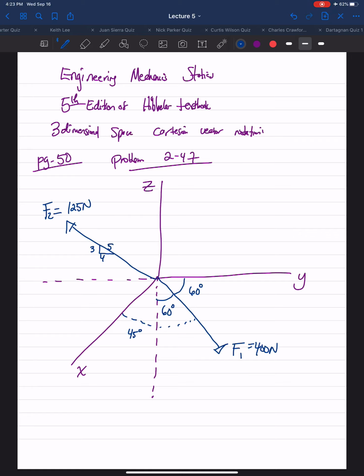F1 is in three-dimensional space. The angle that F2 makes with the XY plane and that between the x-axis is 20 degrees.